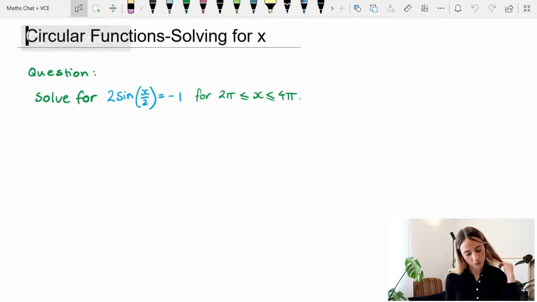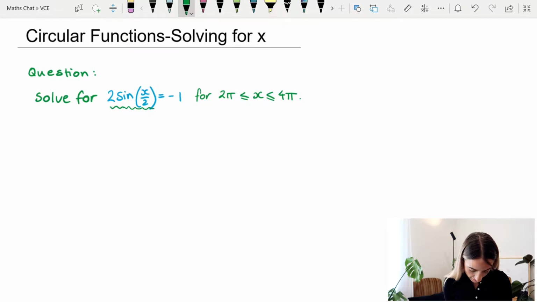So the first thing that you want to do is rearrange your equation so that you don't have anything additional around your left-hand side. So where I've got 2 sine x on 2, I want to isolate it so that it's just the sine of x over 2 on the left side. If you look, we've got a 2 multiplied by the sine.